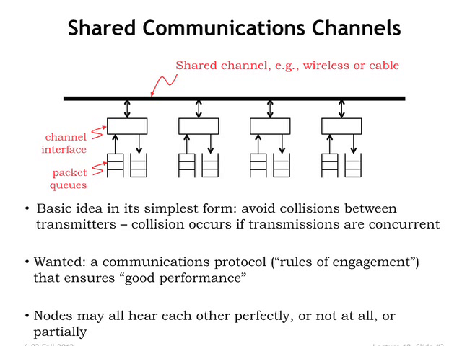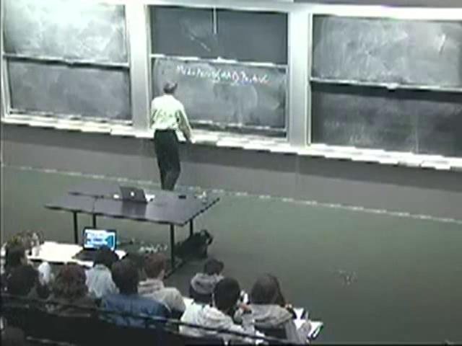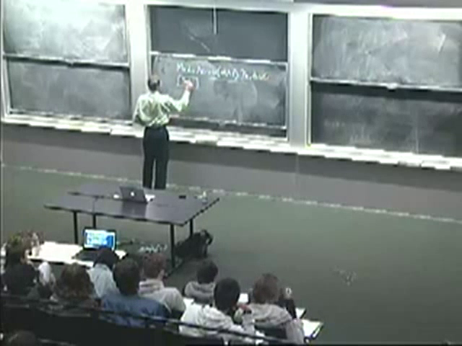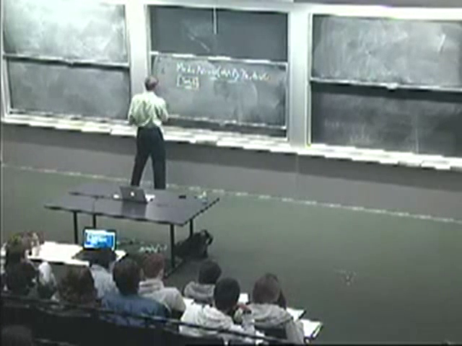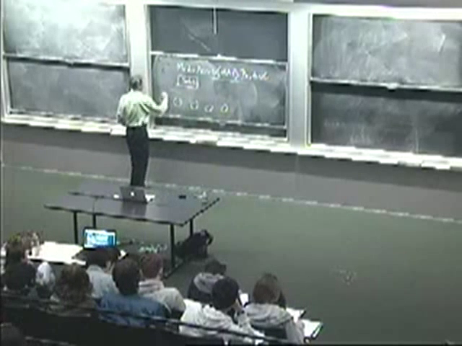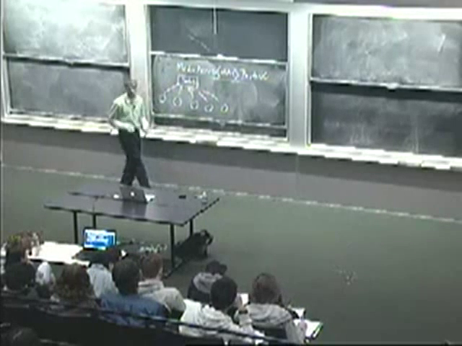But for now, just assume that you have these nodes on the medium, and for simplicity and concreteness, let's take the example of the satellite network. You have a satellite up here, and you have a bunch of ground stations that are all trying to communicate up to the satellite whenever they have data to send.